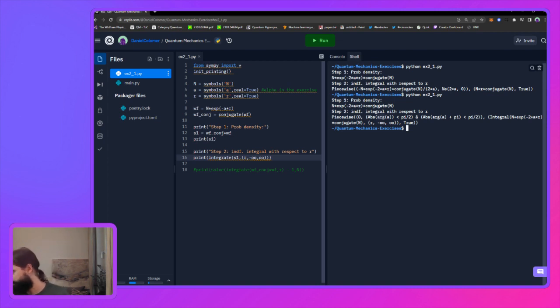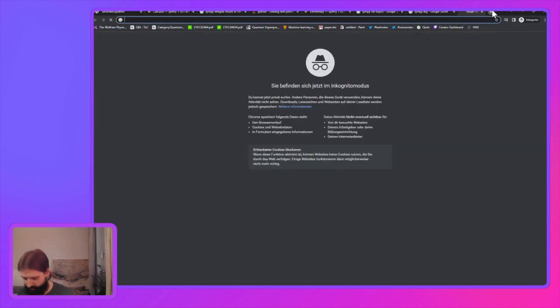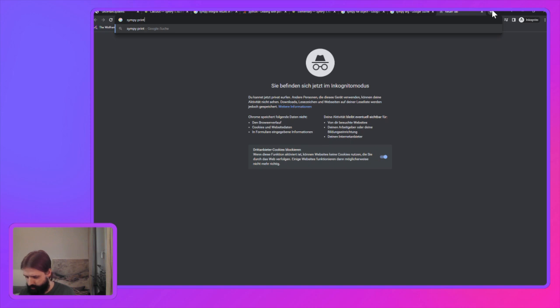So what this is telling me is the absolute value of something is smaller than pi, but I just don't know what that expression is. Can I not print it nicely? I think I like Sympy print options, print expressions.